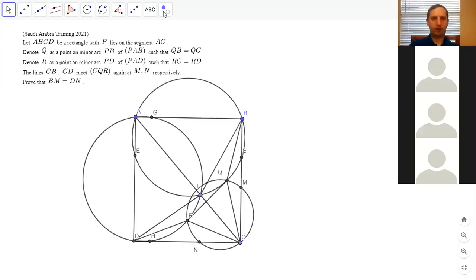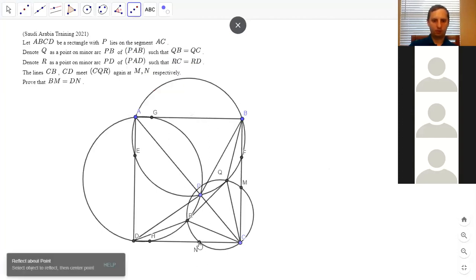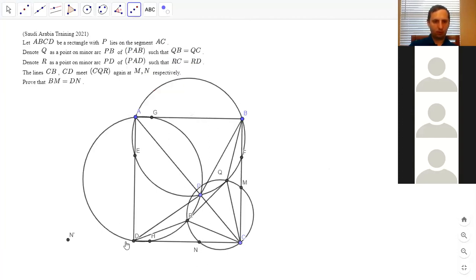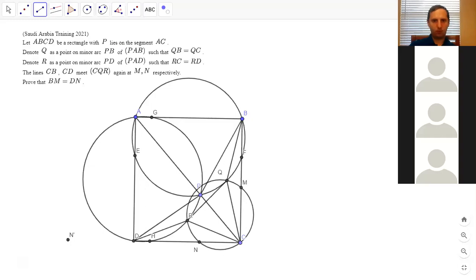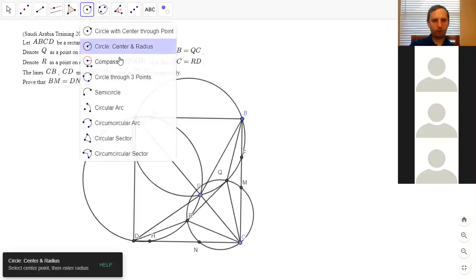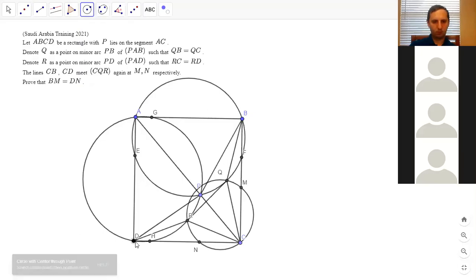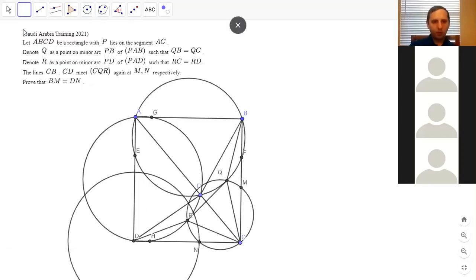So what if we reflect N over D? And then we want to show, what if, instead of doing that, what if we do this? I want to show BMID is a parallelogram.